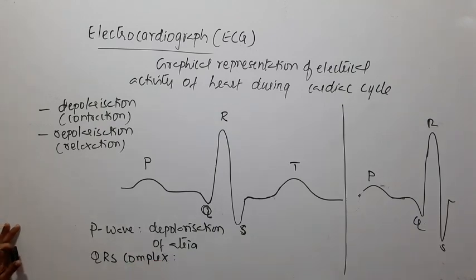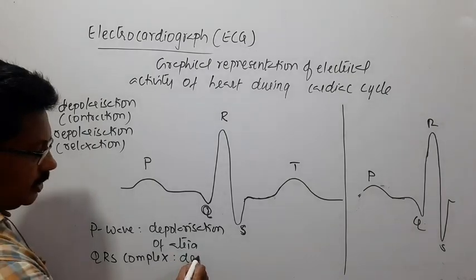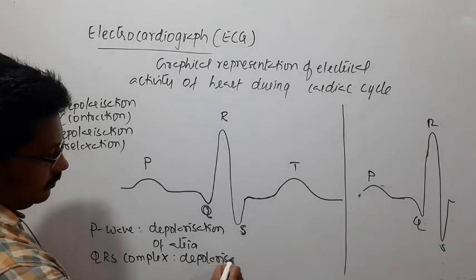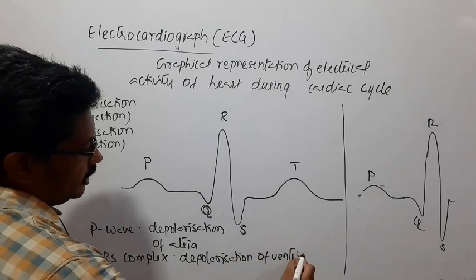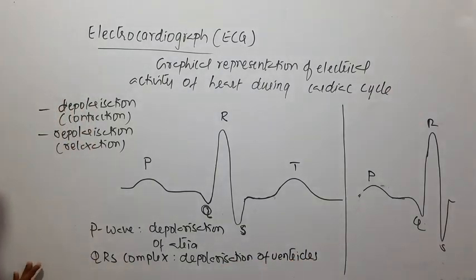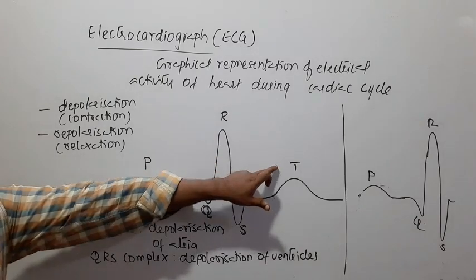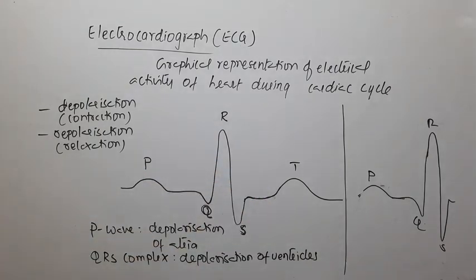The QRS complex represents the depolarization of ventricles. Whereas the last one, the T wave, represents the repolarization of ventricles.